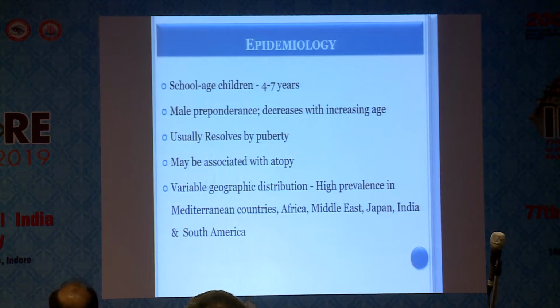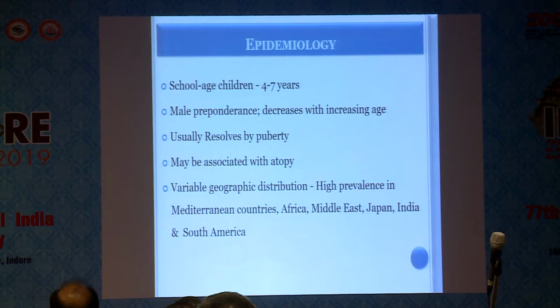More often, it is a child who is having some other allergy. If somebody comes to you with this VKC, it's always better to ask about systemic allergy, whether the child sneezes a lot, whether the child develops cold very often. These factors are very important. And there is a geographic predilection, like in Africa, Middle East, Japan, India, South America.